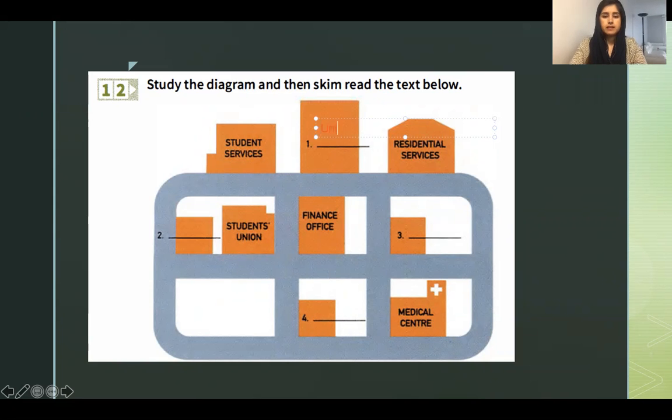Okay, I'm just going to write it here. Let me change the color. University library. Okay, I will change the color to black now.